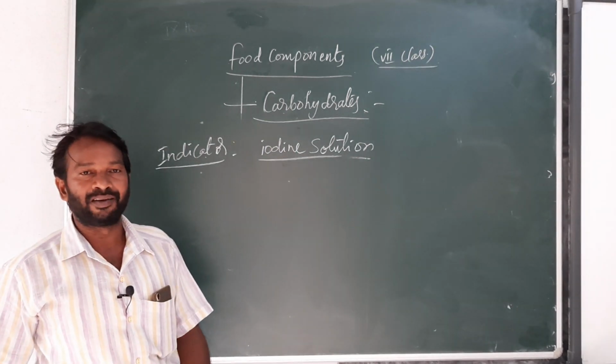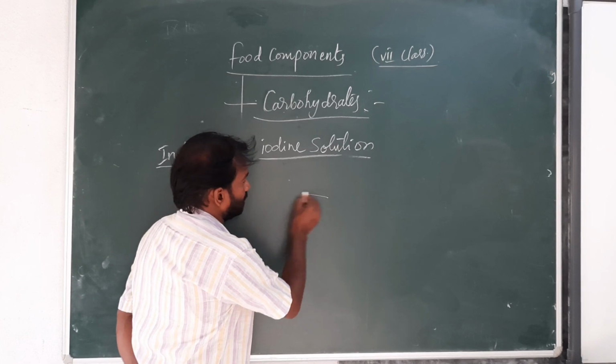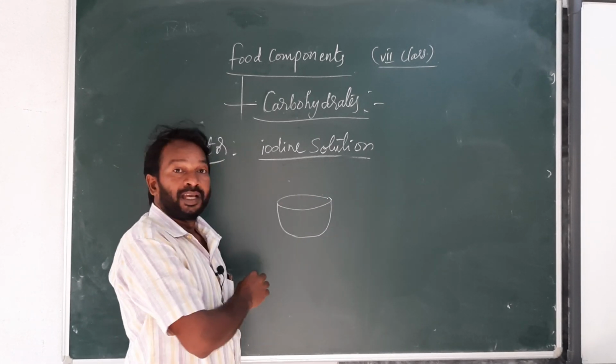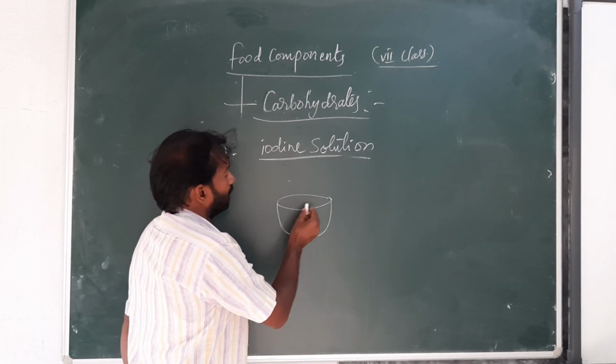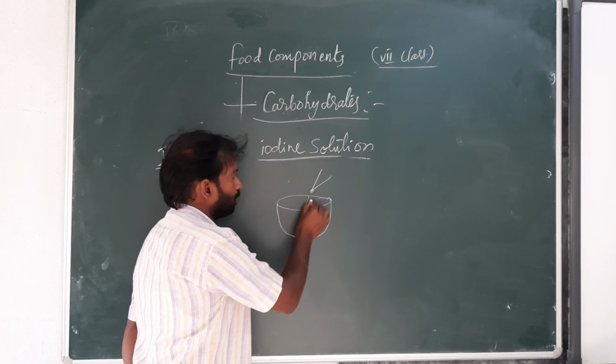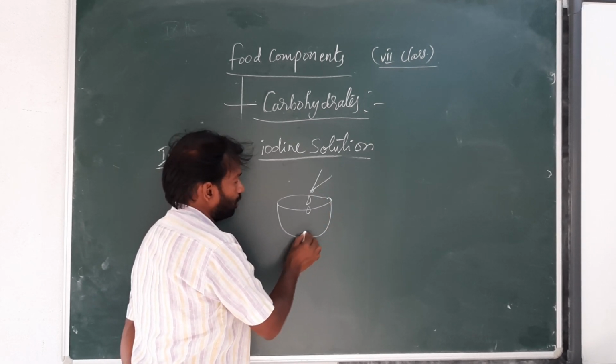How can we prepare dilute iodine solution? Take one bowl and add 1 or 2 drops of iodine solution.